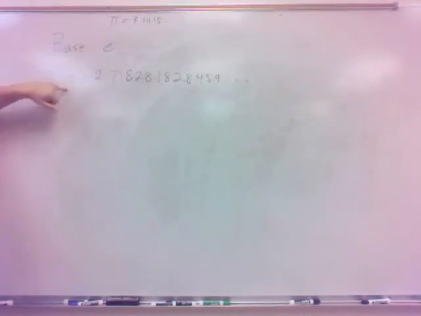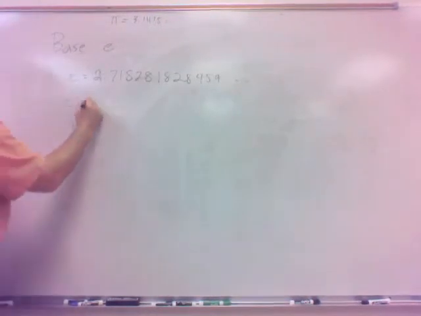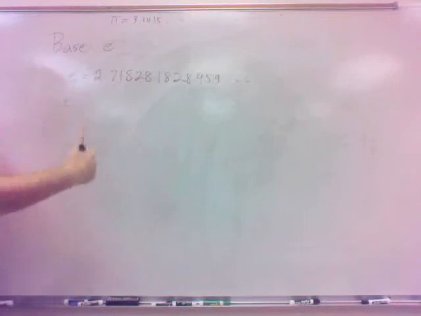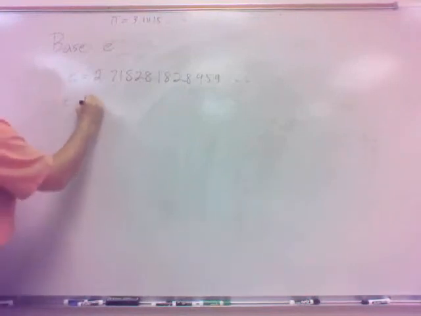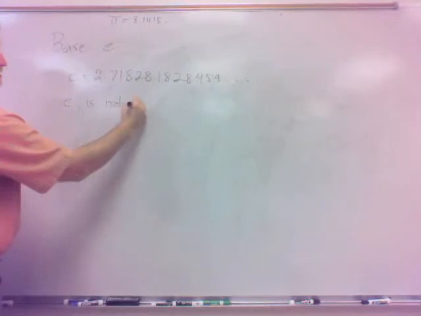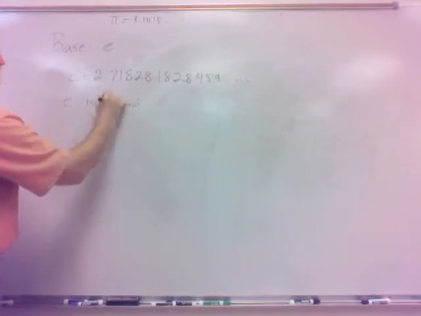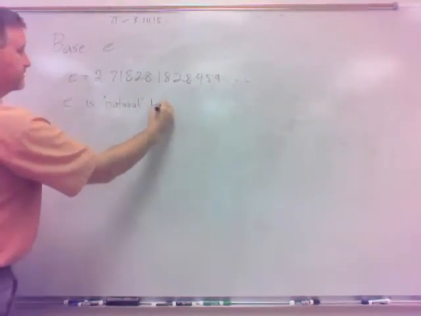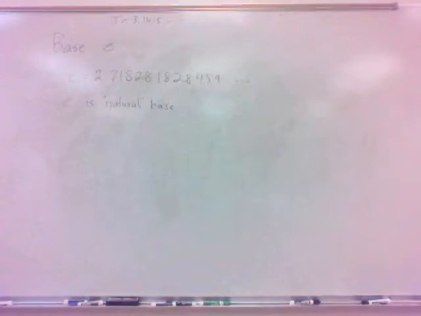But actually, E is called the natural base. Because, like I said, it's a naturally occurring number, and it occurs in a lot of places. It's called the natural base. It's just like pi.